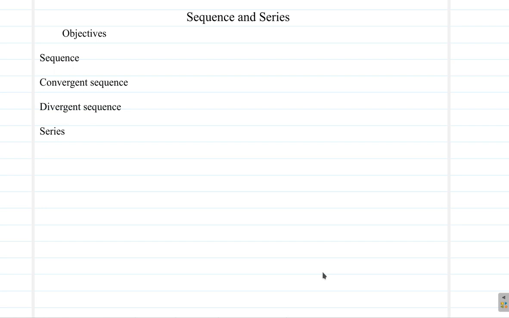So, suppose you have, for example, 2, 4, 6, 8, 10, and so on. Now, this is a sequence, right? You could look at it and say, how did you get the next number? Well, you could say that you add 2 to the previous number to get the next number.